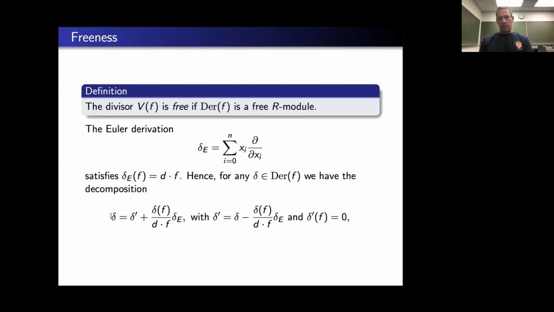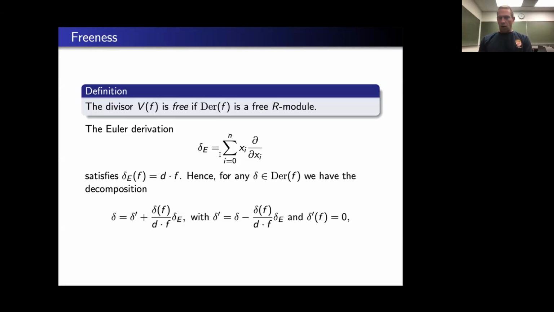And so any derivation can be written as some delta prime plus a multiple of the Euler derivation. The idea is basically that delta prime will be a polynomial differential operator which eats F and spits out 0.